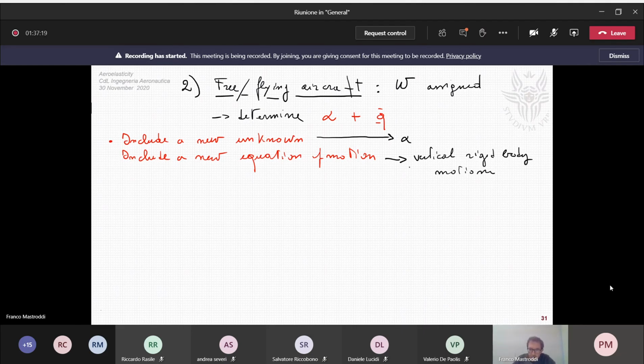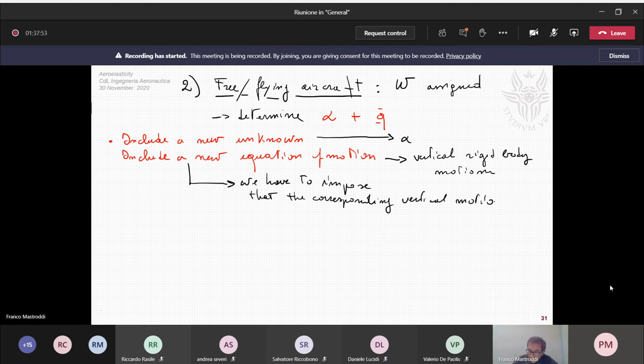And in this vertical rigid body motion, for this new equation, the constraint is the following. We have to impose that the corresponding vertical motion is 0. So, in fact, we want to trim the aircraft.